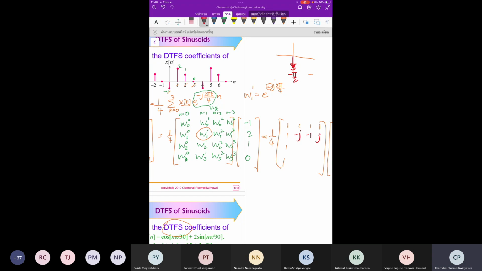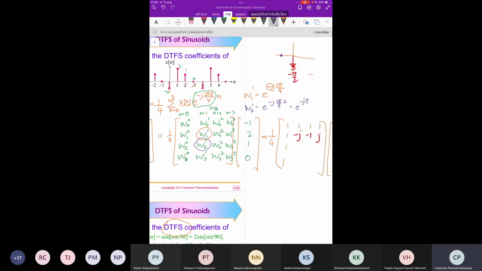And for this one, W21 is e to the negative j 2 pi over 4 times 2. So it's e to the negative j pi.